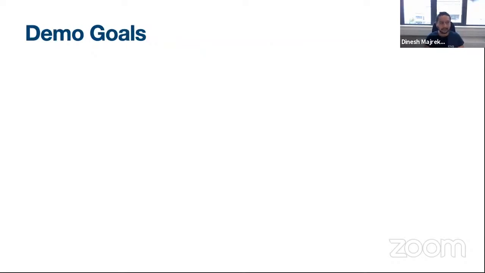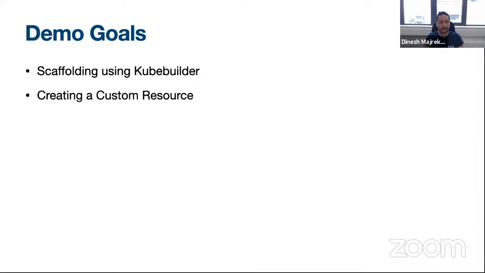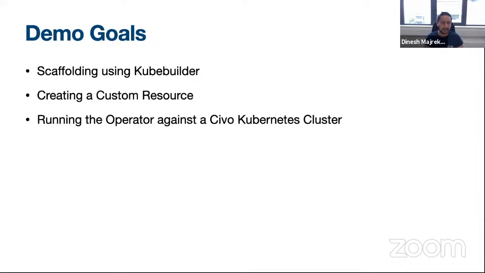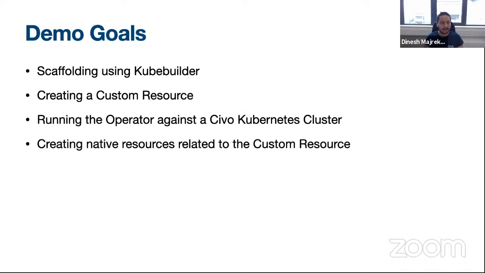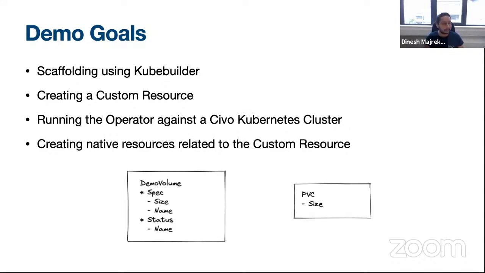So for the demo, I'm going to be live coding the demo completely. Hopefully I've sacrificed enough to the demo gods that it all goes well, but we will see how it goes. So I'll be starting off using Kubebuilder with a completely blank folder, get that up and running. I'll be creating a custom resource, running this against one of the Kubernetes clusters that I deployed out to Civo. And then I'll just be creating a single resource that's managed by the custom resource.